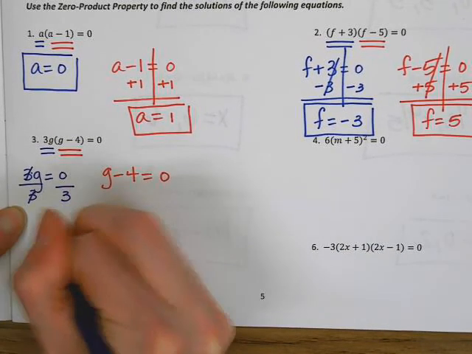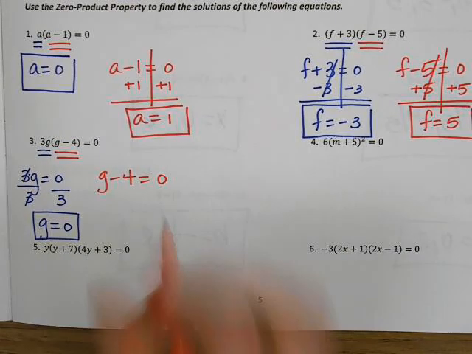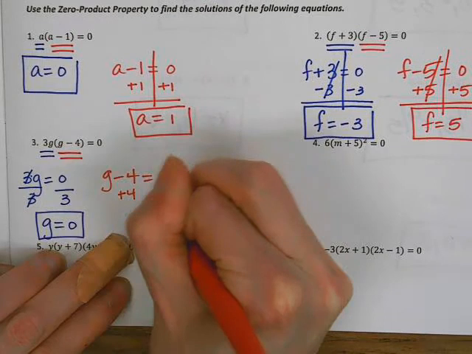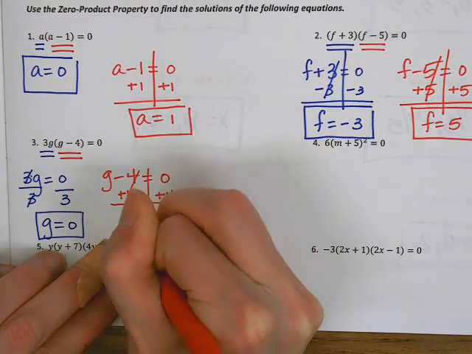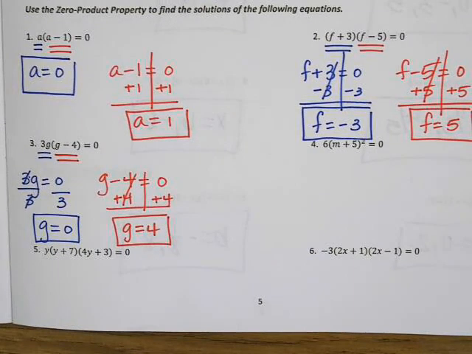And 0 divided by 3 is just 0. So one of them is 0. And then this one we would just add 4 to both sides. So g would be 4. Okay, so easy.